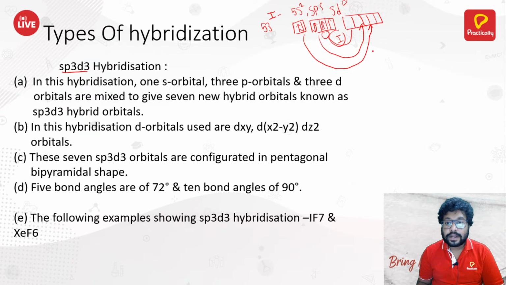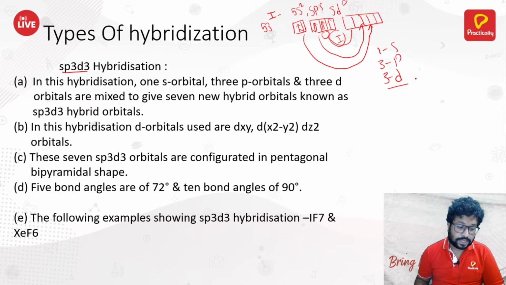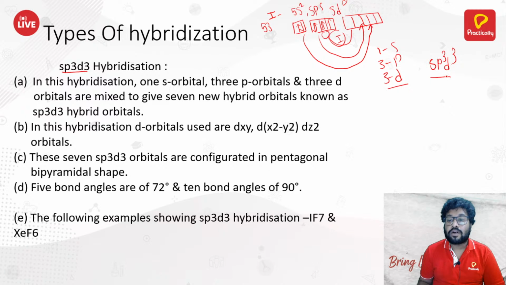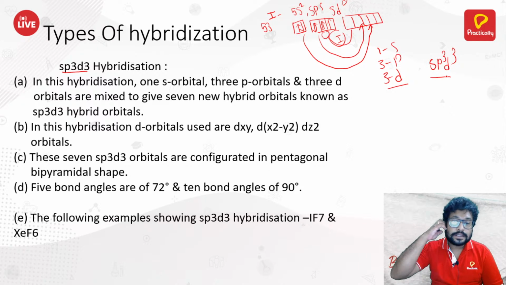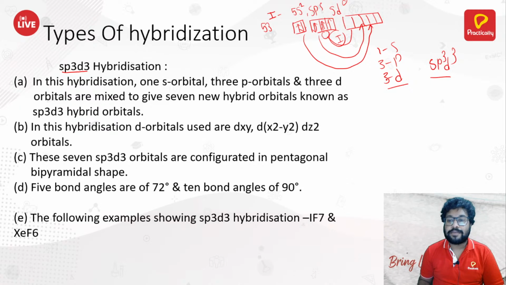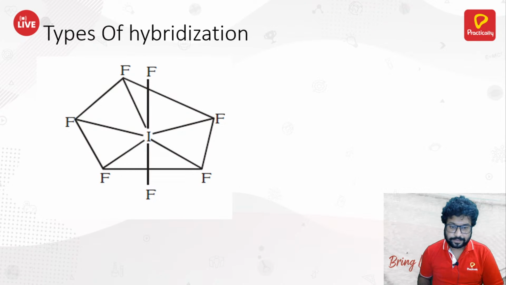So here you have 1 s, 3 p and 3 d orbitals. All of them mix together to give you 7 sp3d3 hybrid orbitals. Okay, and it always arranges itself in this way.